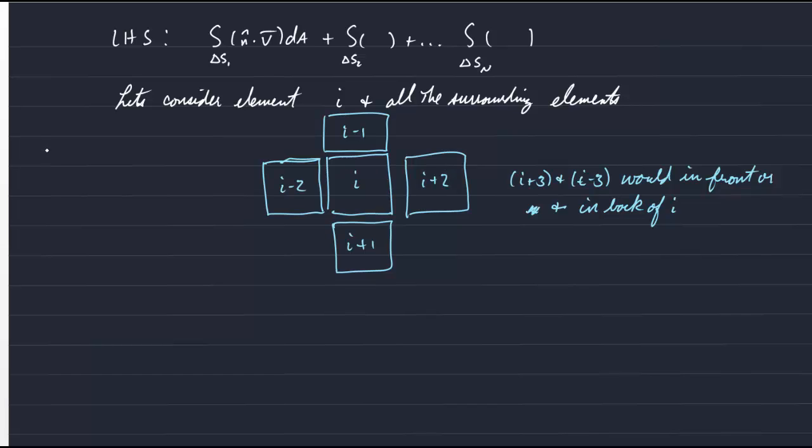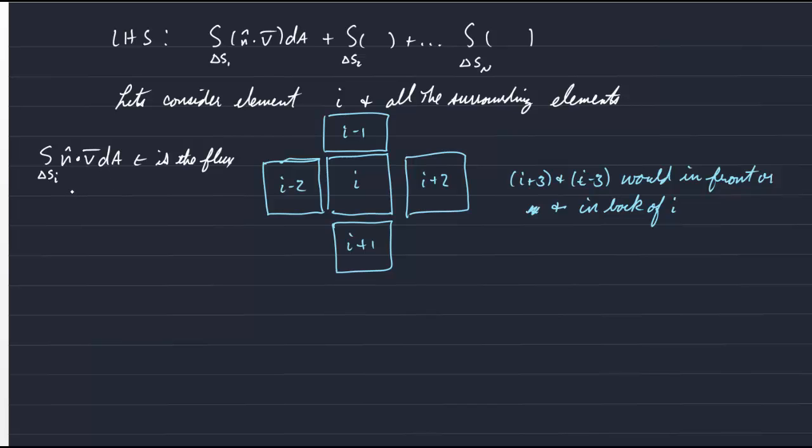So what I'd like to point out is that the flux, the integral over S sub I of n hat dot V dA, is the flux of whatever V represents.